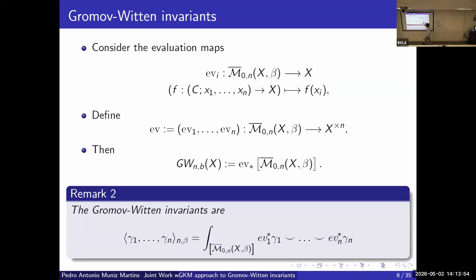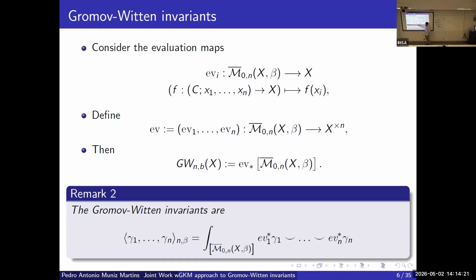the usual Gromov-Witten theory from the definition that I gave before. Consider the evaluation map from the moduli space of stable maps to X that just picks a curve and evaluates it at the i-th marked point. Hence we define this evaluation map, which is just the product of all the evaluations at all the marked points. Then you have a map that goes from your moduli space to X times X, n times.